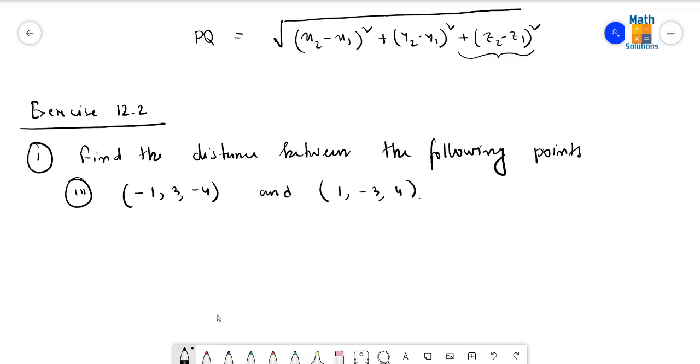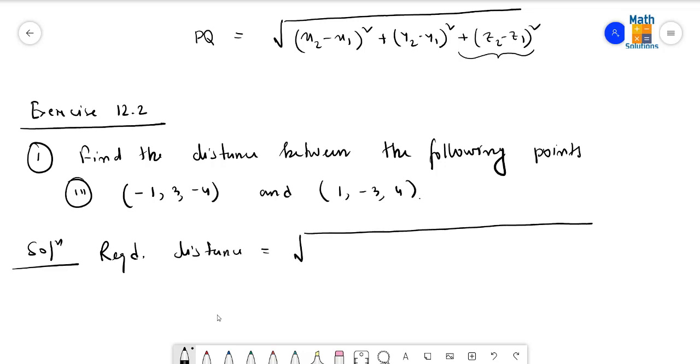So here in this case, the required distance is equal to square root of, of course this formula we are going to use here, (1 minus -1) whole square plus (-3 minus 3) whole square, then (4 minus -4) whole square.